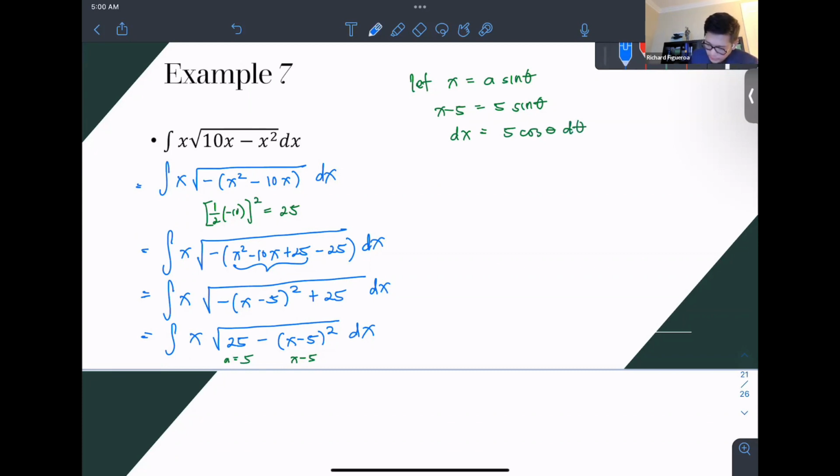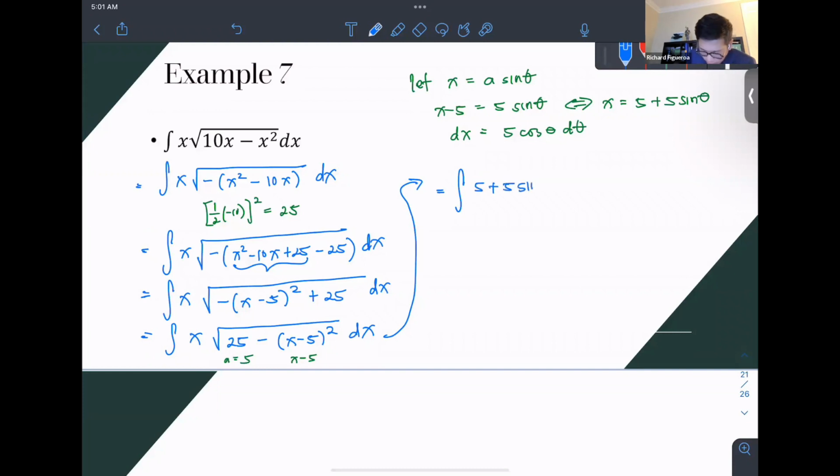So we substitute the integral of our x. So x is equal to 5 plus 5 sine theta. Okay, so we transpose the negative 5. So x is 5 plus 5 sine theta.